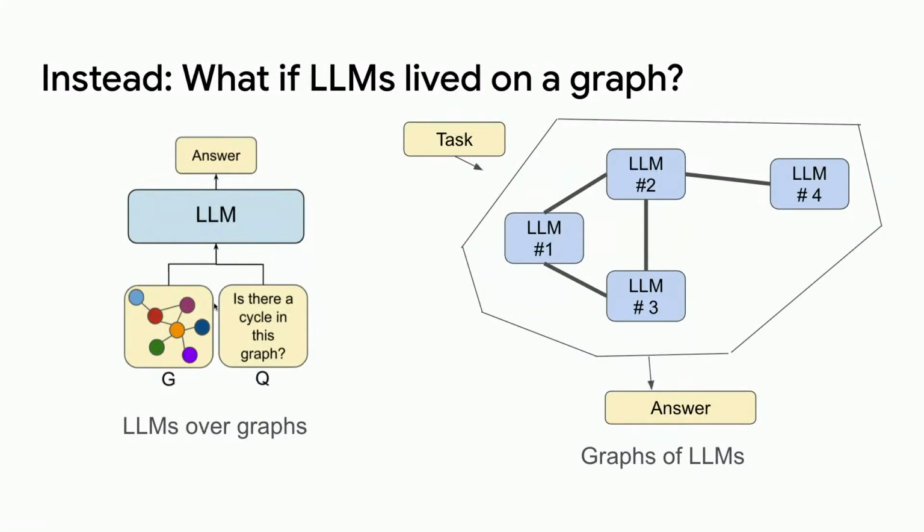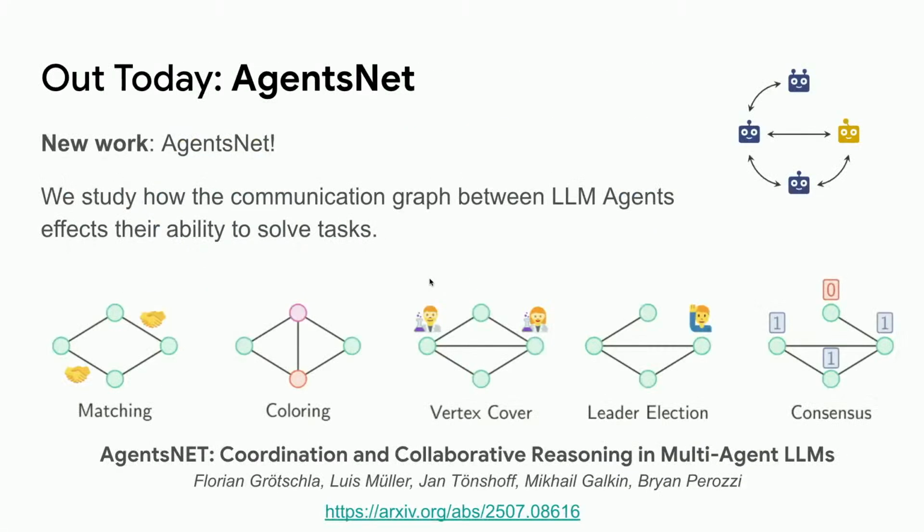Instead of having LLMs over graphs, we can have graphs of LLMs. That is a wonderful abstraction. We can go even deeper. So now let's look at the setup where we have language models connected into a certain structure, a certain topology, and we are interested in whether they can work together efficiently to solve a certain problem.